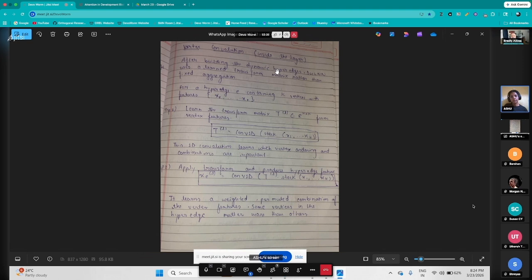After building the dynamic hyperedges, the dynamic hypergraph neural network uses a learned transform matrix rather than a fixed aggregation. In this, the transform matrix is learned from vertex features, along with a 1D convolution layer, which learns which vertex orderings and combinations are important.